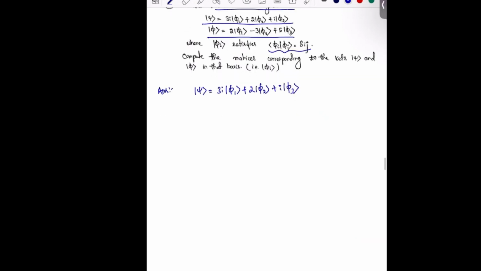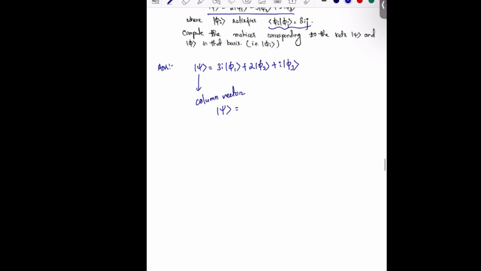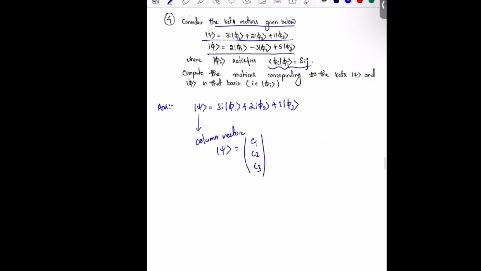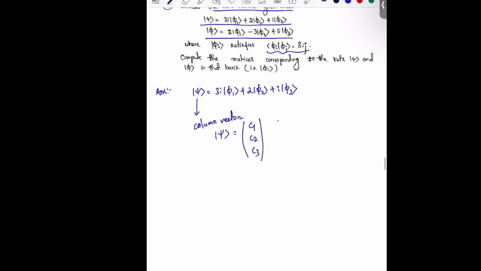For matrices, you represent a ket vector as a column vector, where psi can be written as c1, c2 and c3. Here c1, c2, c3 are nothing but the inner product of phi i with psi.